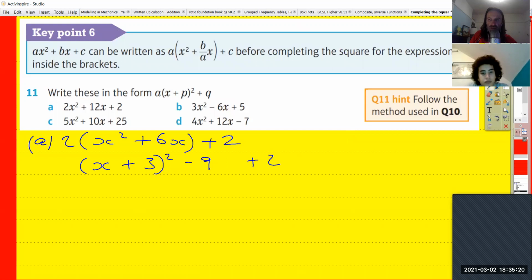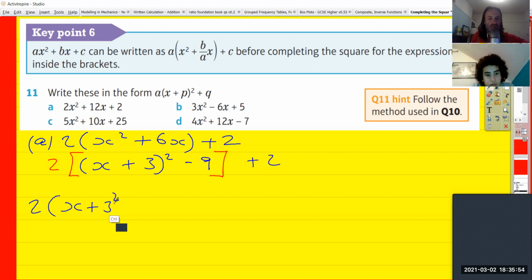So this is inside a square bracket. So we've got a bracket inside a bracket. What's next? So it becomes 2 times x plus 3 squared plus 6, minus 16.